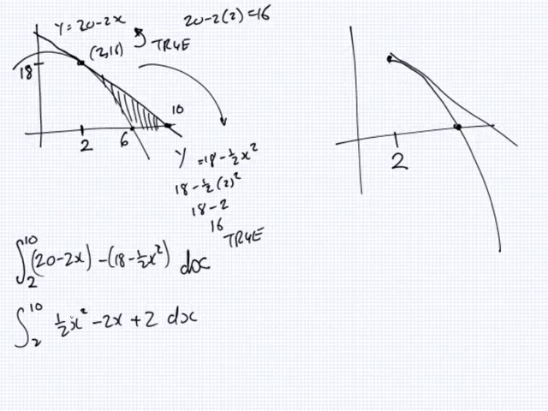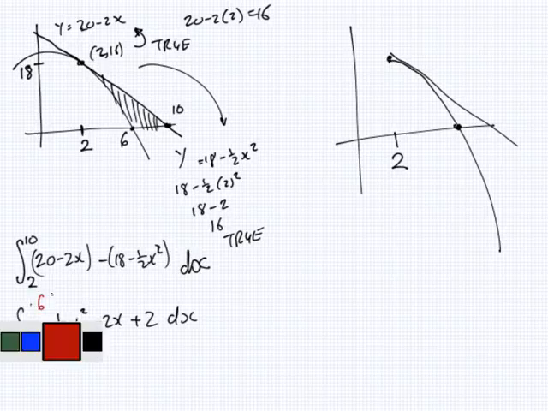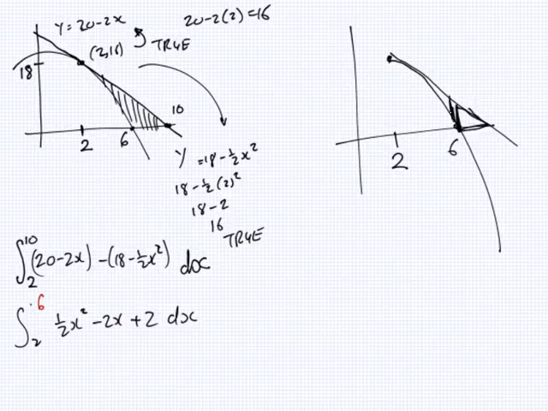Let's go with 2 to 6, and we just need to add on this little triangle piece here, because 2 to 6 would give us this much.